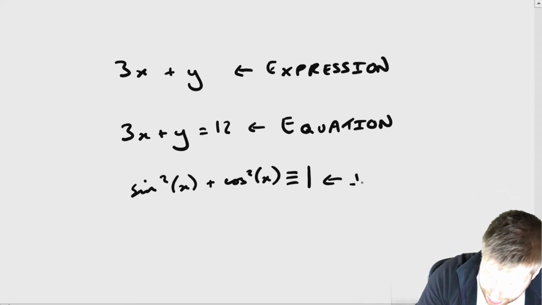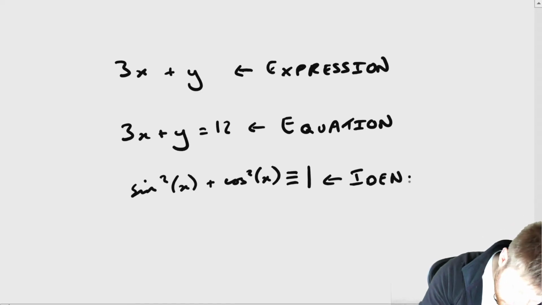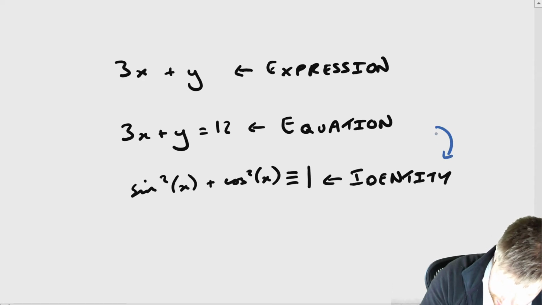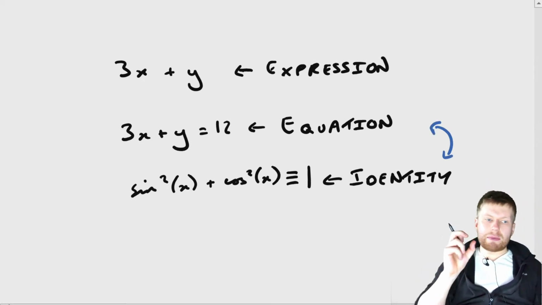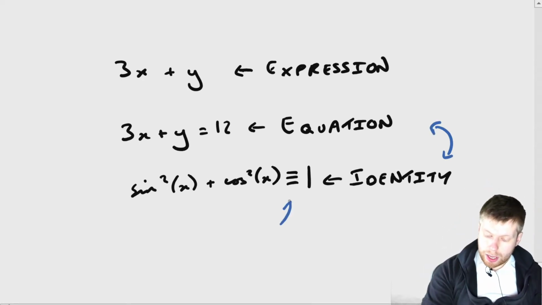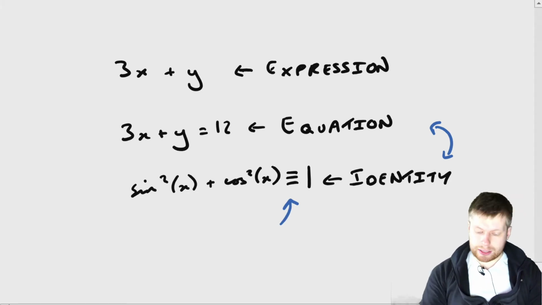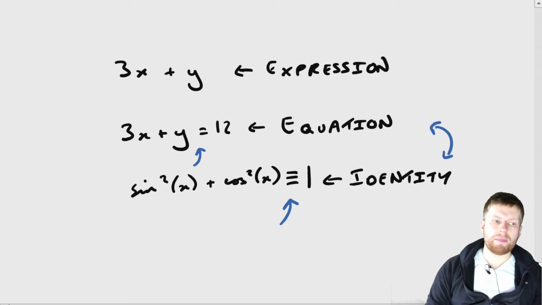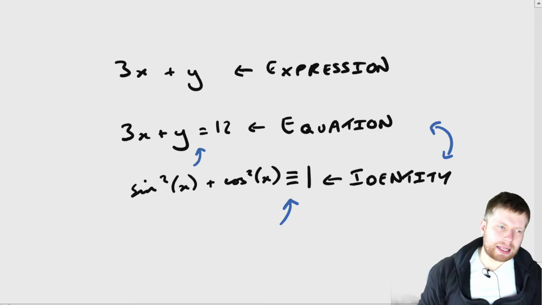We would call this an identity. Now I'm not going to go into this too much, but effectively an identity and an equation are very similar. You can almost imagine that these 3 lines can be treated exactly the same way as these 2 lines. However, it does mean something a little bit more.